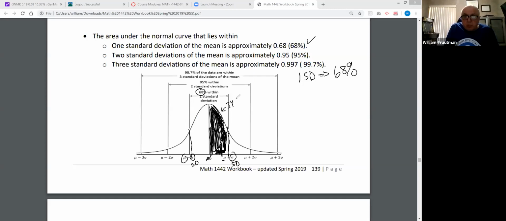It's 34% because one standard deviation that way and one standard deviation that way, 34% and 34% add up to 68%. Do you see? The whole thing is 68%. It's symmetrical, so half of 68 is 34%, and 34% on the other side. It adds up to 68%. All right.